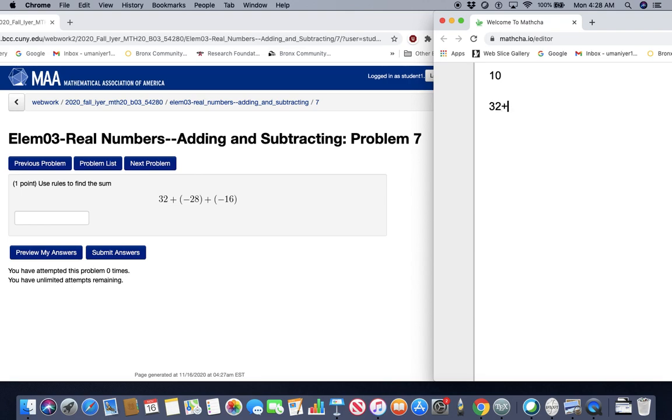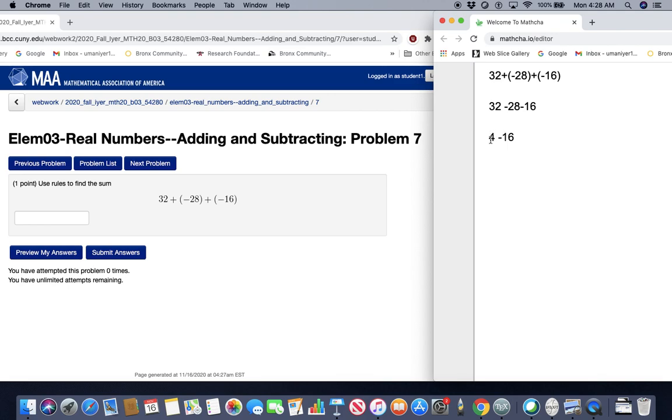32 plus negative 28 plus negative 16. Well, first open the parentheses. 32 positive followed by a negative is a negative. Positive followed by negative is a negative. Okay. Now 32 minus 28, going from left to right, 4 minus 16.